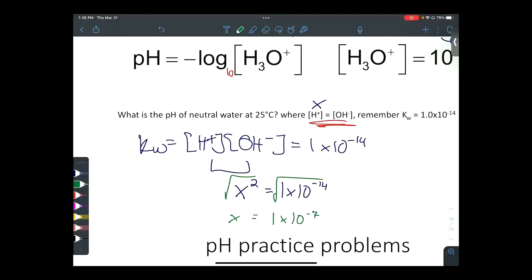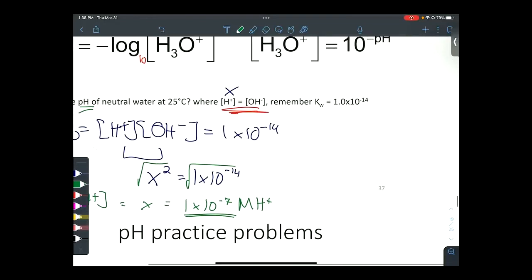The square root of 1 times 10 to the negative 14 is 1 times 10 to the negative 7. And remember, what we're calculating is the concentration. In this case, we'll say this is the concentration of H plus. It's also the concentration of OH minus, but since we are calculating the pH, we want the H plus concentration.